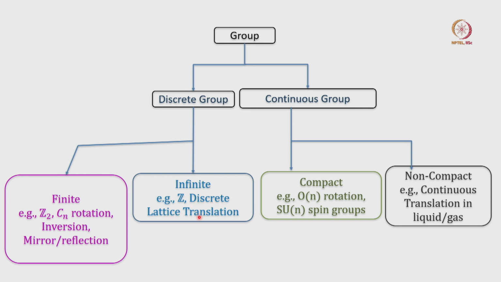Discrete lattice translation gives you a group, which is a discrete translation by a fixed length A, and if the theory remains invariant, that is a discrete translational symmetry, and the elements of that group form a symmetry group, and it is an infinite number. You can translate all the way to infinity.